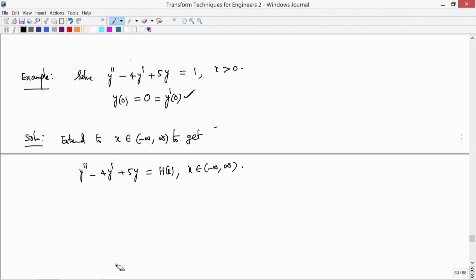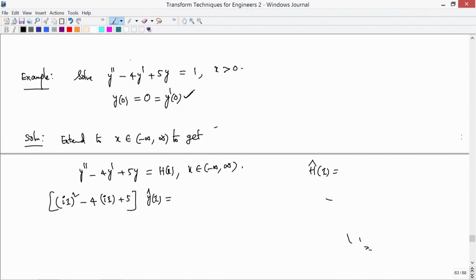What happens if you apply the Fourier transform like earlier: (i xi)^2 minus 4 (i xi) plus 5 times y cap of xi, that is the left hand side. What is the Fourier transform of h(x)?